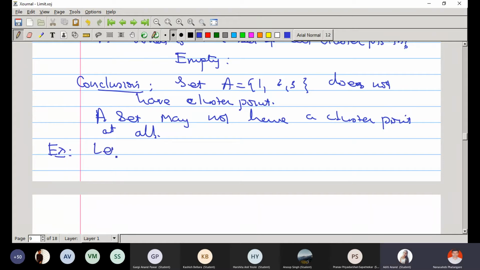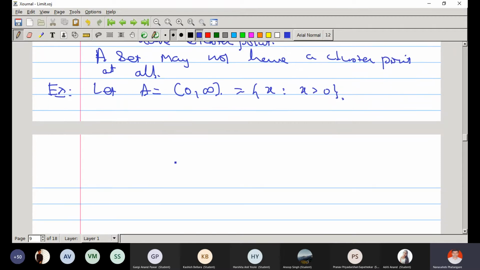Okay, so let A be equal to the interval 0 to infinity. 0 to infinity means real numbers which are greater than 0. All real numbers greater than 0.